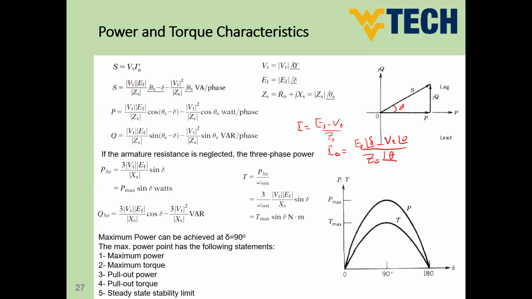So it would be 0 plus delta minus theta. So this means delta minus theta. But because we have I conjugate, this would be theta minus delta. Okay? And minus Vt times Vt, so Vt square. And the angle, instead of being minus theta, it would be plus theta when you take the conjugate of current.